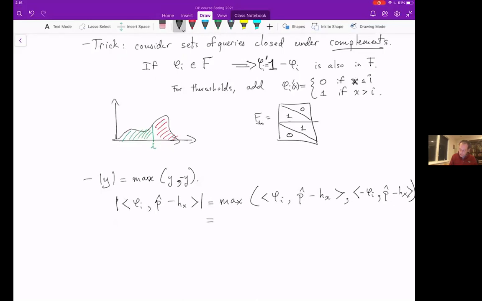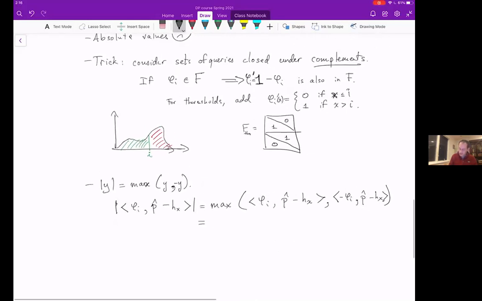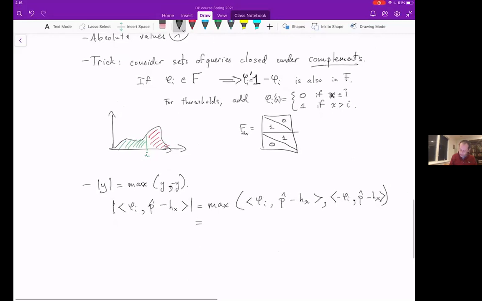In fact, we can massage that a little bit to look more like the complement notion we care about. The first term I'm not going to change, but for the second term I'm going to add the all ones vector in front. That corresponds to the function given by 1 minus phi I.